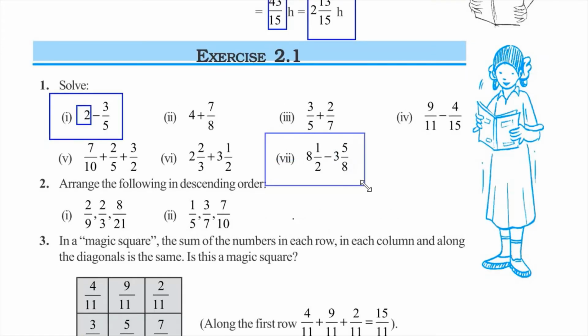Similarly, let us try the last one, 7th one, 8 1/2 minus 3 5/8. So this has two steps. The first step, you have to convert them into improper fractions, and the next step, you have to convert them into like fractions.